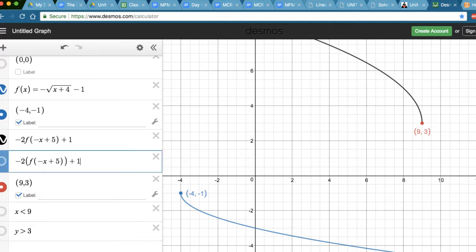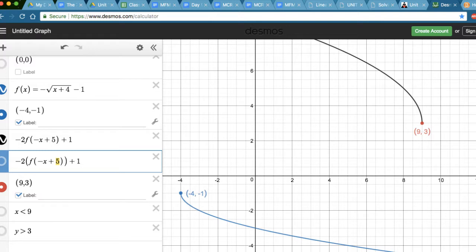So when I review everything that we did, in the domain we had a horizontal stretch of -1, so it got multiplied by -1, and then we added 5, right? So -4 times -1 is positive 4.